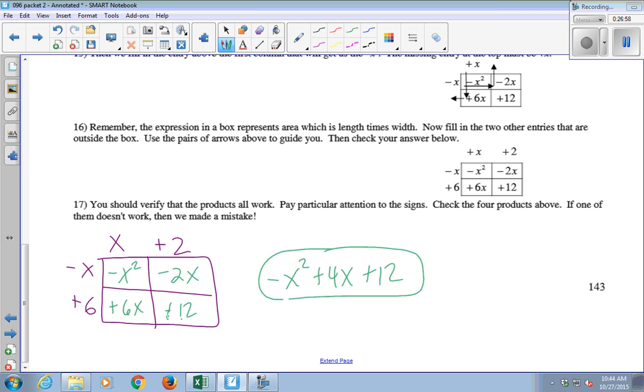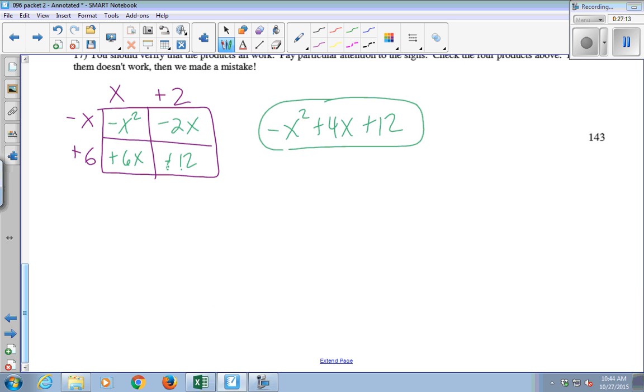So you can always check when you're factoring by multiplying them back together and make sure you get back where you started. It's also pretty important that I just take the time to write out what I was doing, right? I took my original expression and I factored it, which means I wrote it as a multiplication problem.